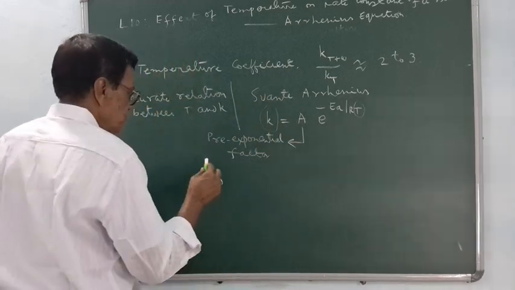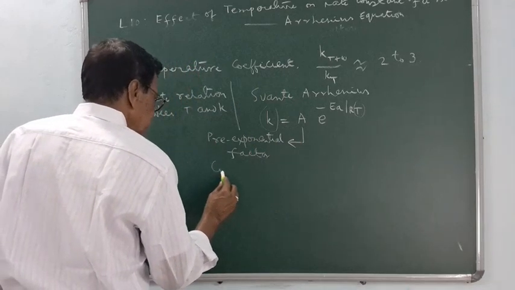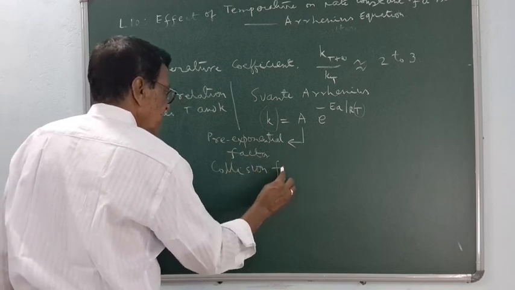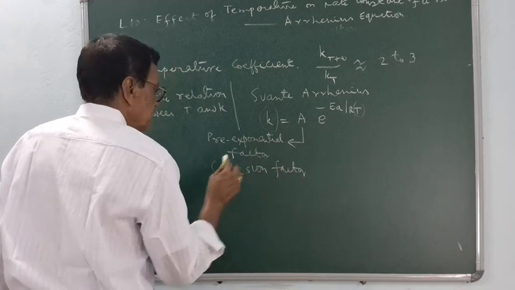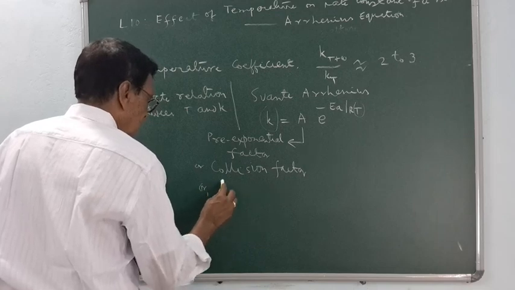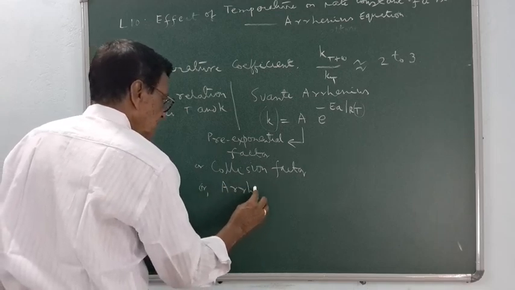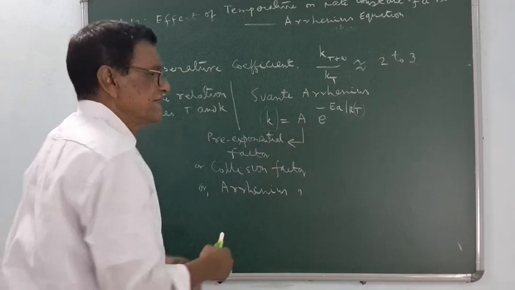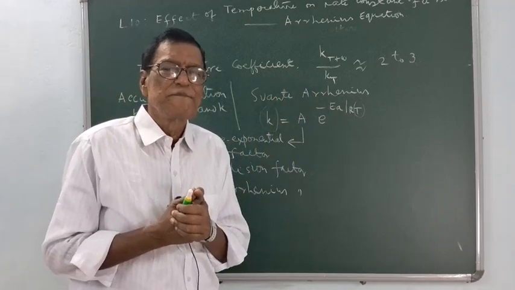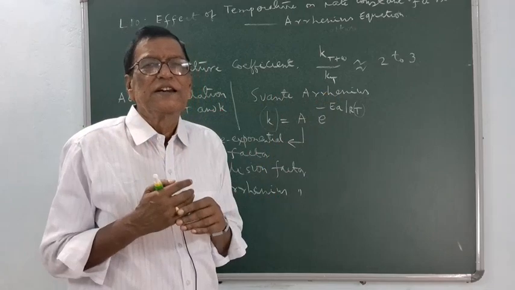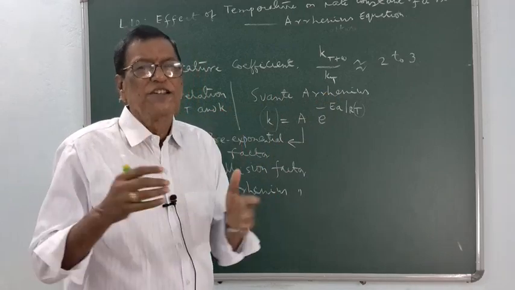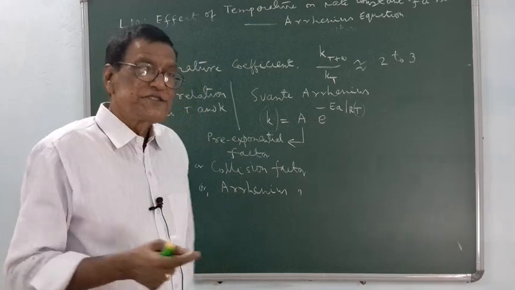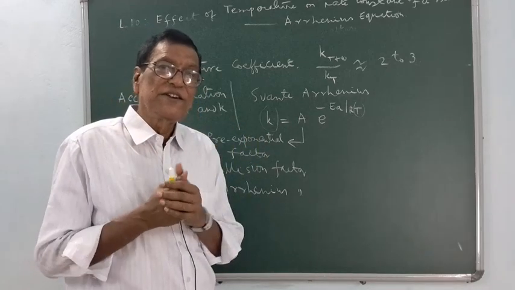So it is sometimes also called the collision factor, or sometimes the Arrhenius factor. So this A has different names, but it is related to the frequency of collisions of these reactant molecules.